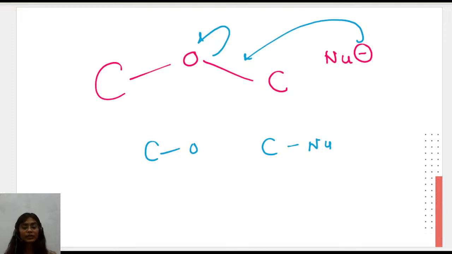But the statement here explains that they have an almost similar value. 7.5 and 9 is not really a large difference. Yes, you are right that alcohol still has the maximum value, but it is approximately around the ether. So in this case, this kind of reaction is possible.